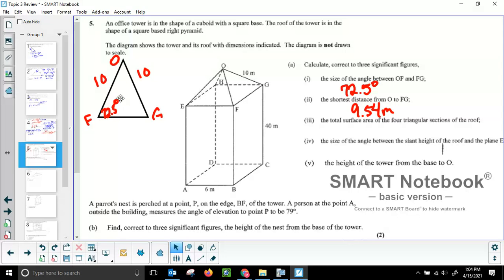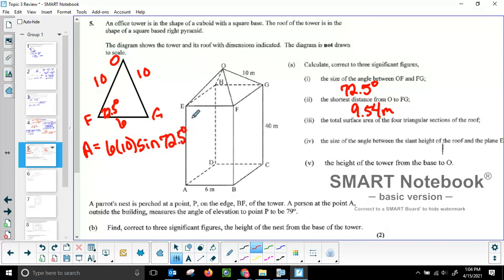So first we want to find, and this, of course, was 6, we can use the formula for the area of a triangle, which they gave us, which is basically the product of the two sides times the sine of the angle included between those two sides. So the area of this triangle is going to equal 6 times 10 times the sine of 72.5 degrees.